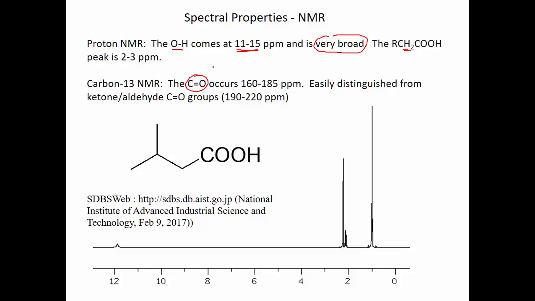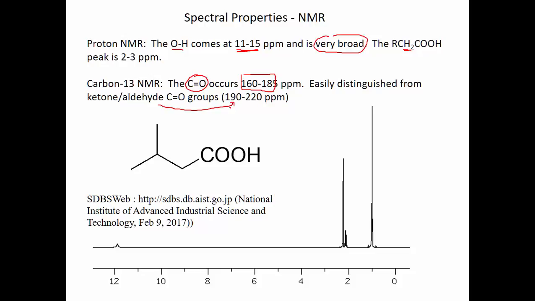All right, another important distinction here is that in the C13 NMR, the C double bond O of a carboxylic acid and any carboxylic acid derivative like an ester, an amide, or an acid chloride comes in a different range than the carbonyl carbon of a ketone or aldehyde. And the ketone or aldehyde groups always come at 190 to 220.